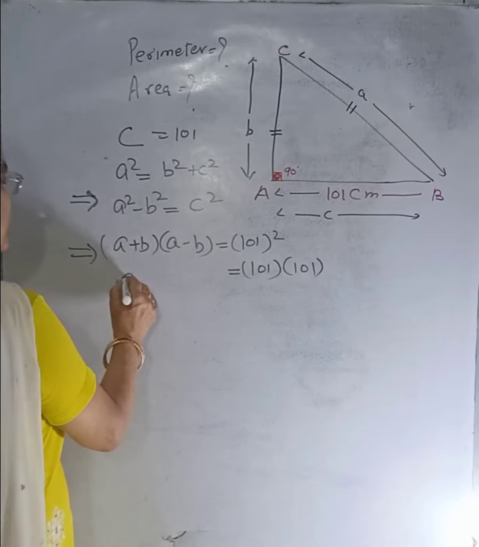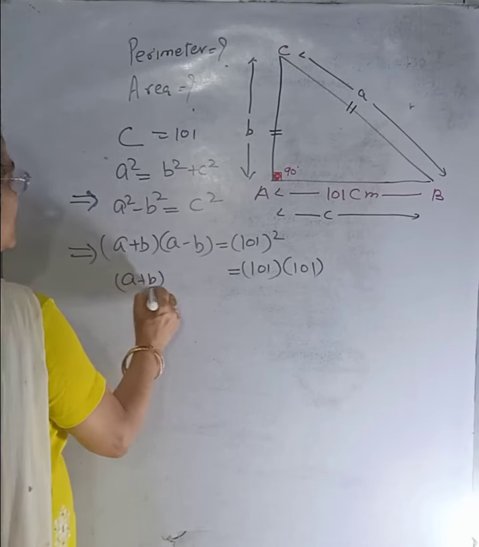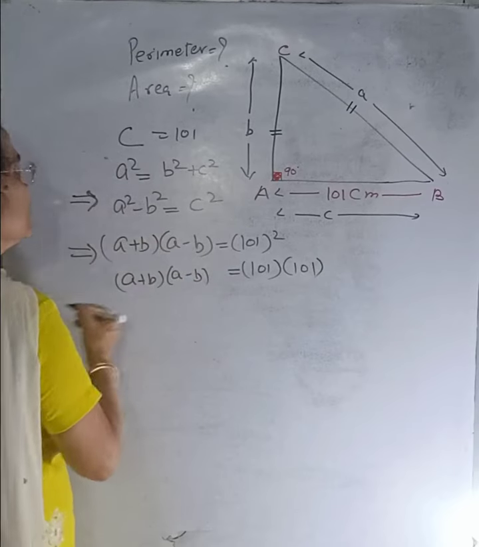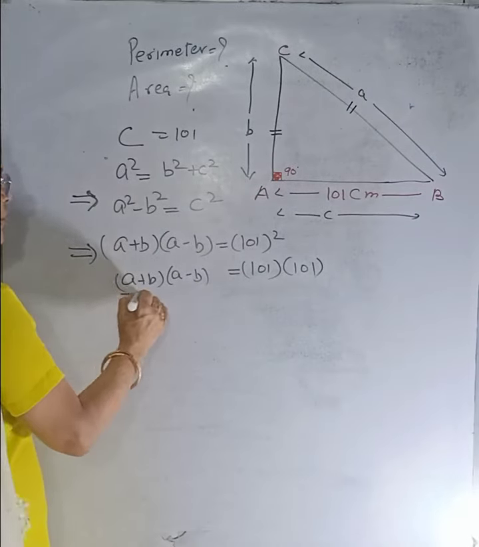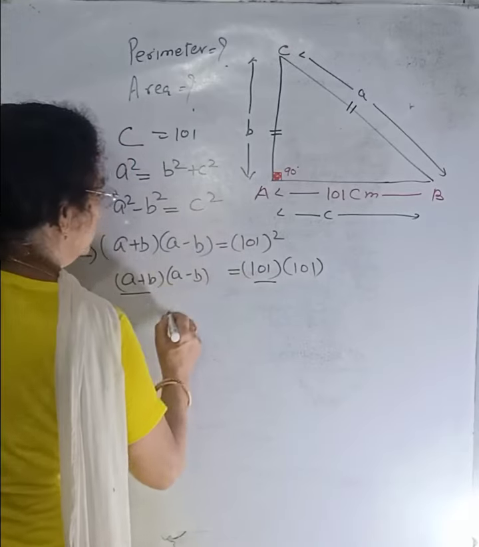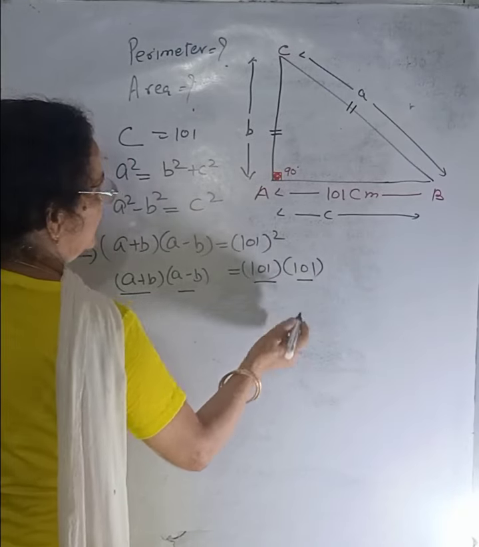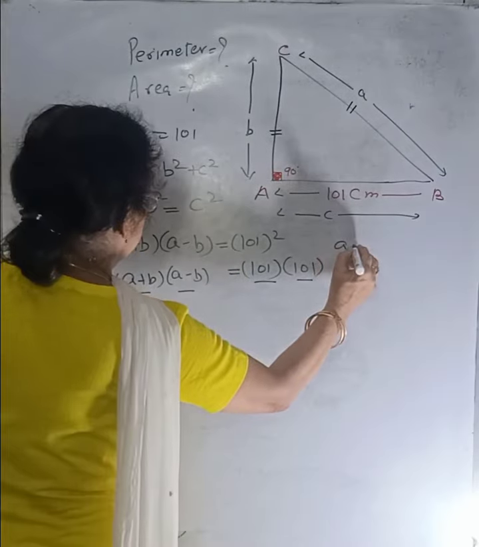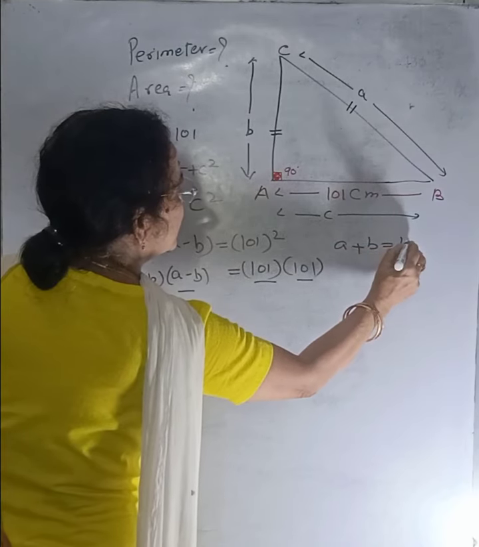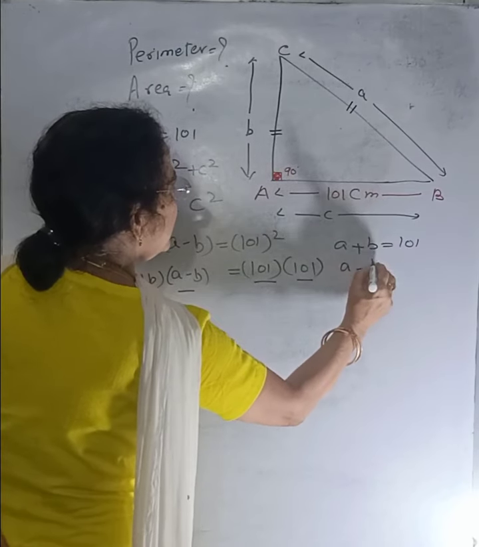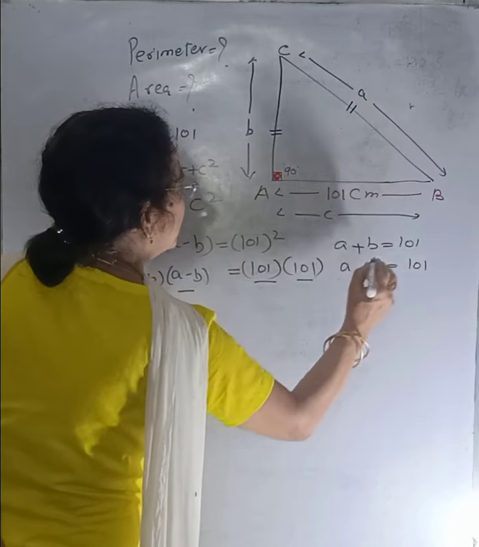Now, this is A plus B into A minus B. It means one factor will be equal to one factor. A plus B will be equal to 101, and A minus B will also be equal to 101.